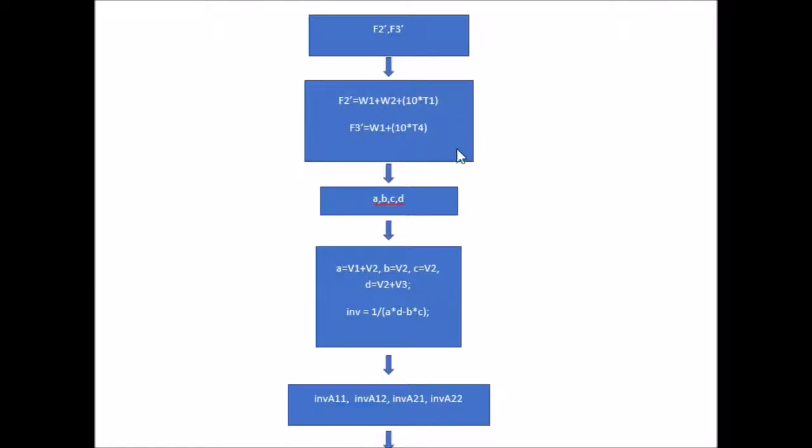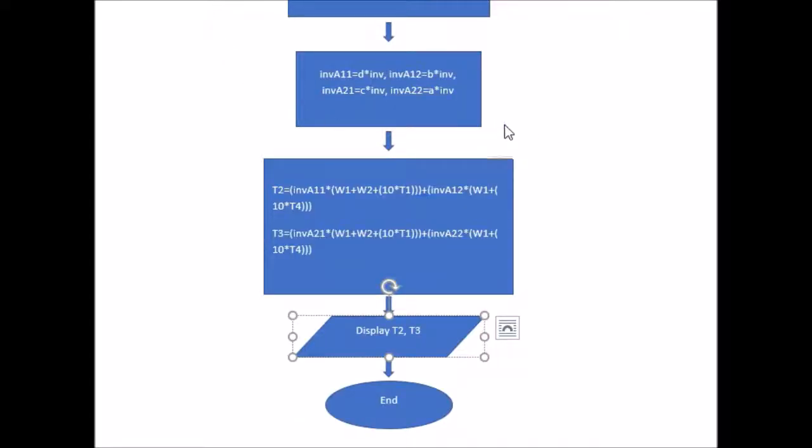This is the formula for finding ABC, using the values of V1 and V2 given before, and the inverse is used to find the temperature. Then this inverse gives temperature 2 and temperature 3, and this is the final step, and the last is the end.